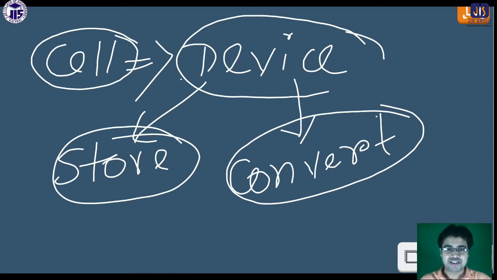If there is no direct source of electricity, then this kind of cell is the main way, the lifeline of the device. So there are two main roles of the cell: it can store energy for a long time, or it can convert energy from one form to another.